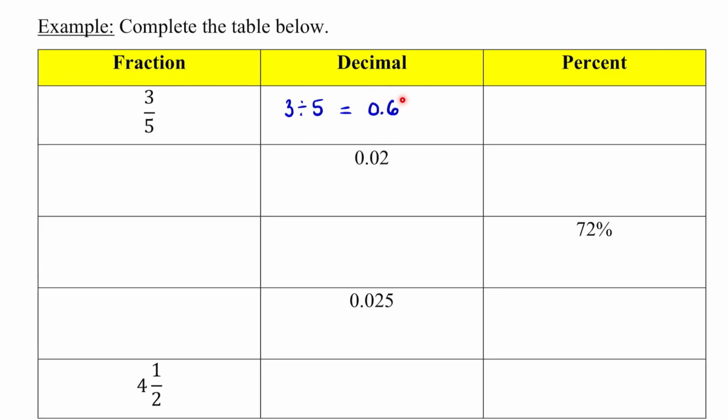So I will take 0.6 times 100%. And I'll take 0.6 times 100. That is 60%. So in the first row, fraction is 3 over 5, decimal is 0.6, and percent is 60%.